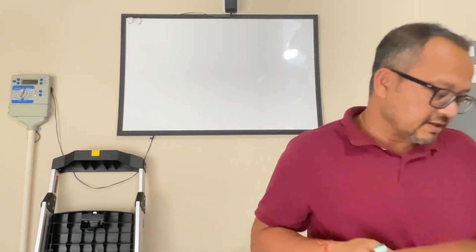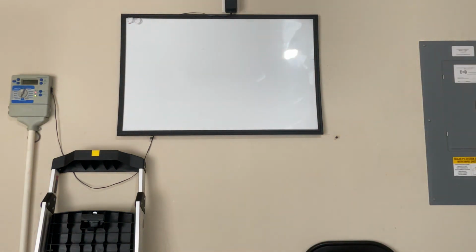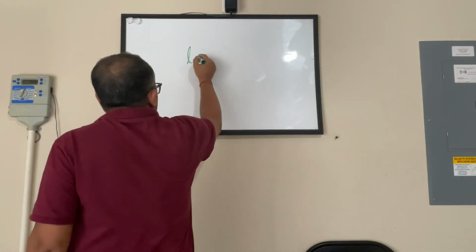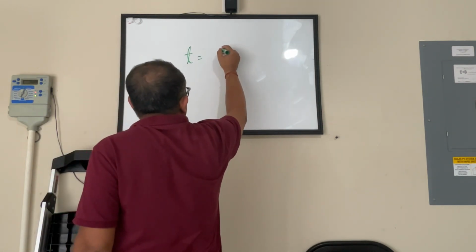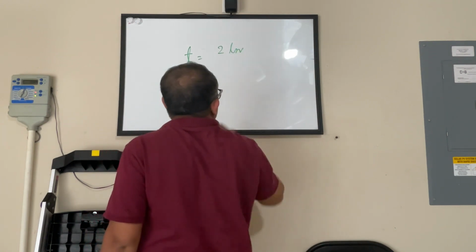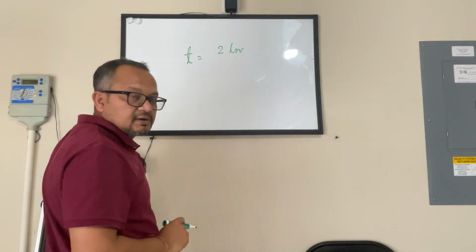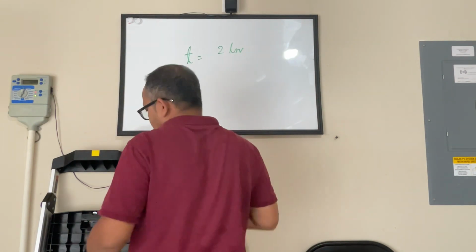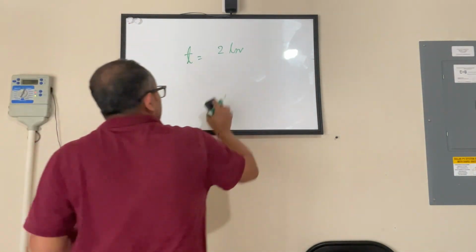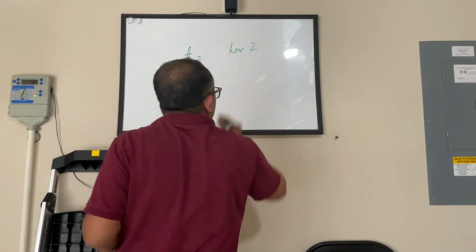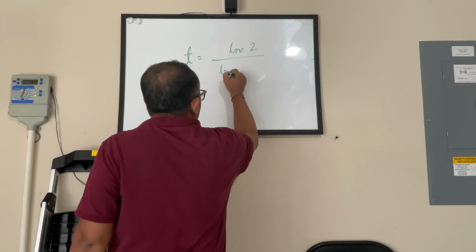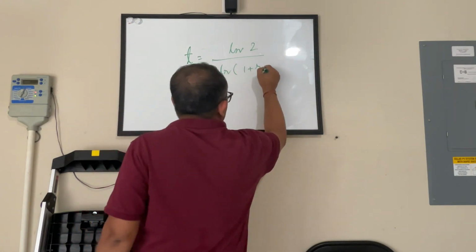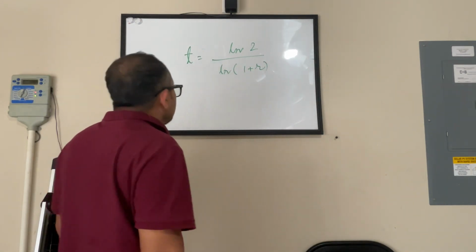So let's write the equation. I'm just saying T equals, can you read it for me? Natural log 2, and then natural log parentheses 1 plus R. Okay.